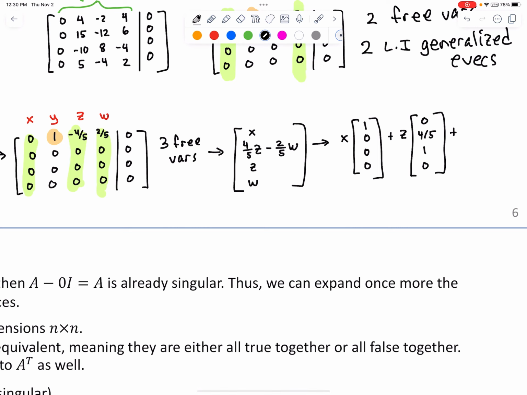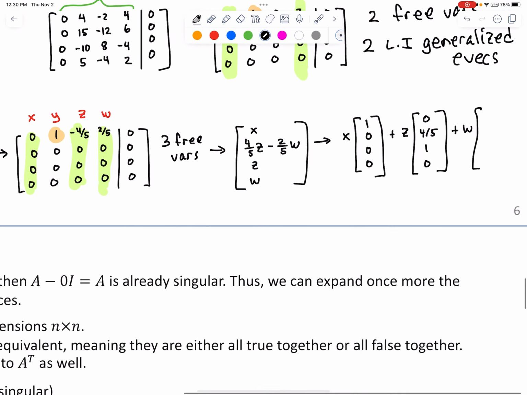And then the final free variable was w. Grab the coefficients of w that you see here, so no w's, negative 2/5 w, no w's, and 1 w. And these 3 vectors that you see here are linearly independent, and they are generalized eigenvectors.